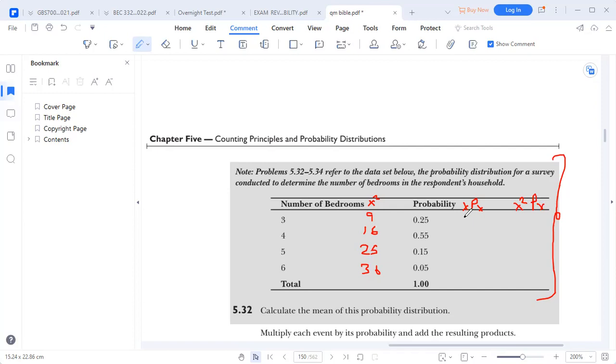So here what are we multiplying? 3 times 0.25, 0.75. Then 4 times 0.55, 2.2. Then 5 times what? 0.15. 0.75. Then 6 times 0.05, we get 0.3.